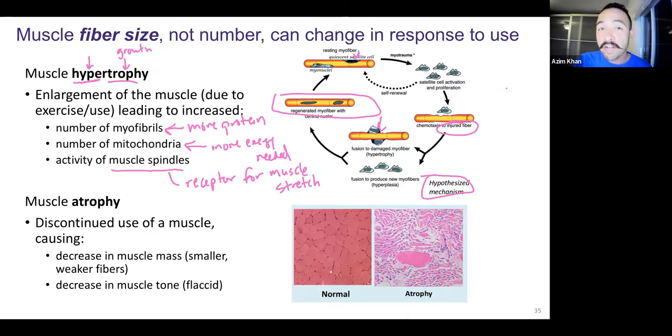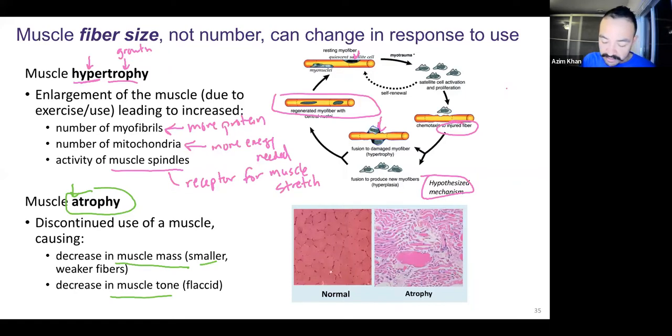The opposite of hypertrophy is atrophy. A means without, troph means growth. So without growth, atrophy. This disuse of muscles causes a decrease in muscle mass, smaller fibers, so basically the opposite of what we just discussed, and a decrease in muscle tone. It gets softer. You can even see this with histology.